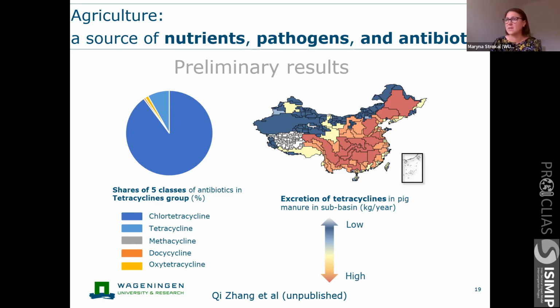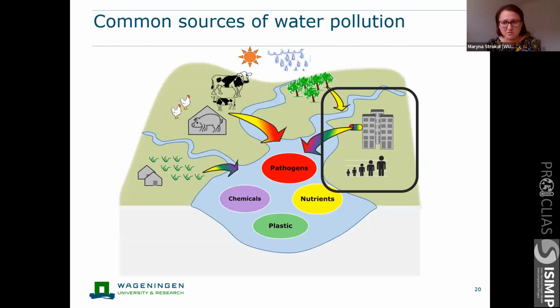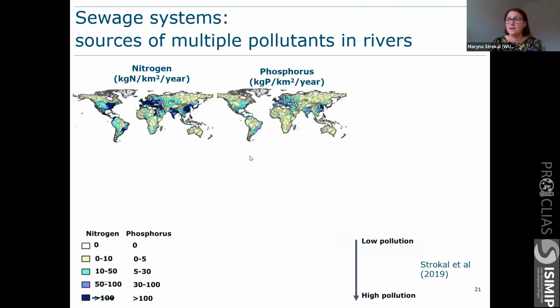Okay, that was one example on the agricultural activities, so crop production and livestock production. Now I move to my second example, which is the cities and the sewage systems from the cities. So sewage systems are the common sources of multiple pollutants in rivers, and I show you two maps, one for nitrogen and one for phosphorus in rivers from sewage systems.